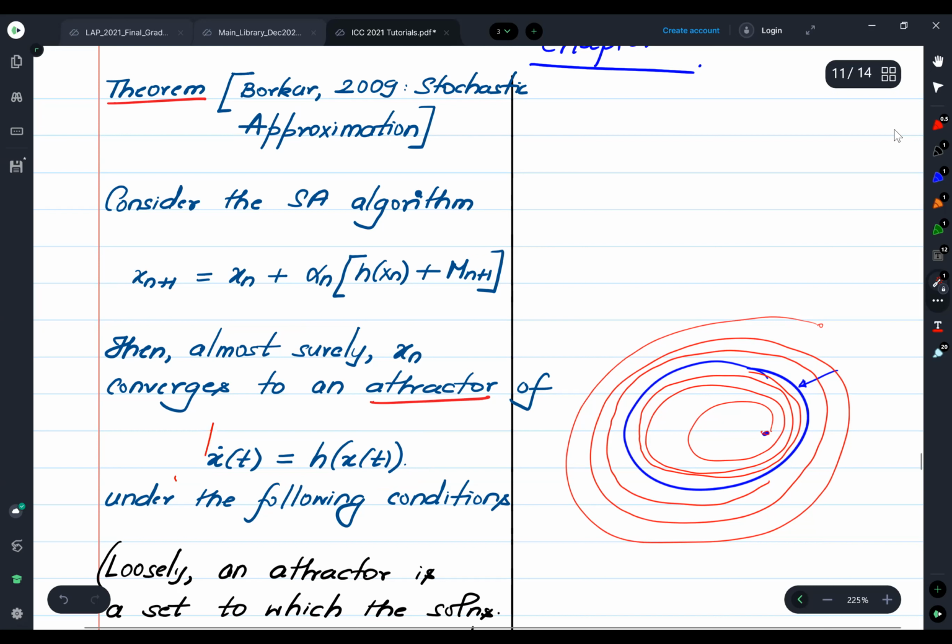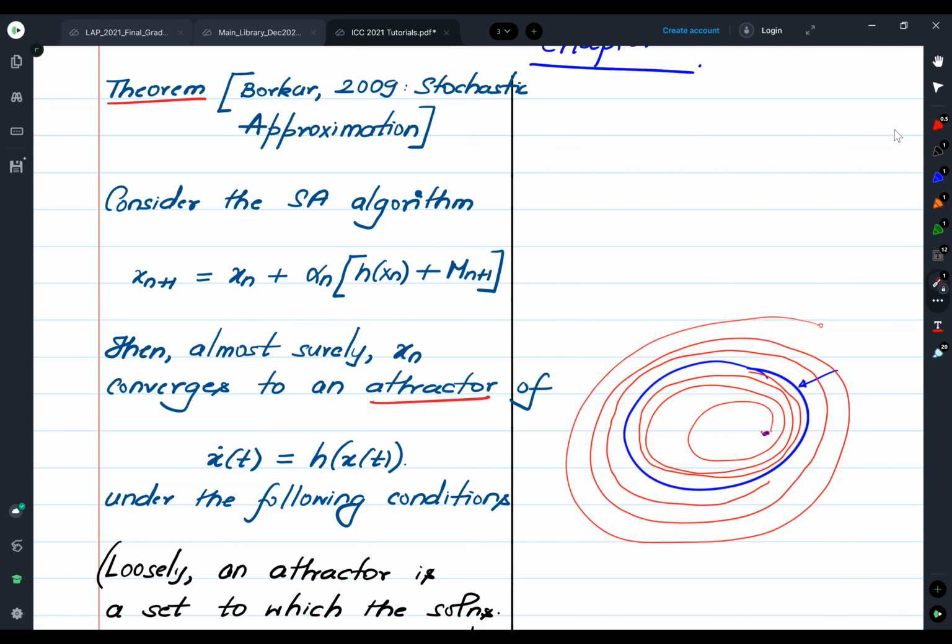This is a deterministic ODE, whereas this is a stochastic approximation algorithm. What we are saying is that under some conditions, this basically starts tracking the solution trajectories of this deterministic ODE. Consequently, whatever is the behavior of the solution trajectories, we can use that to say something about the behavior of this stochastic approximation algorithm.